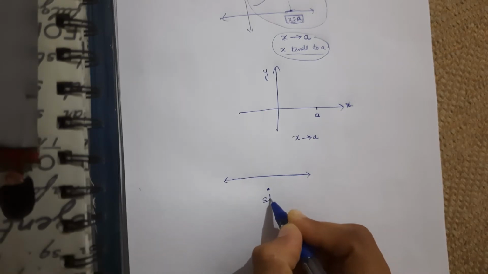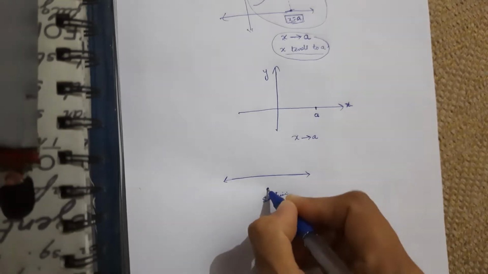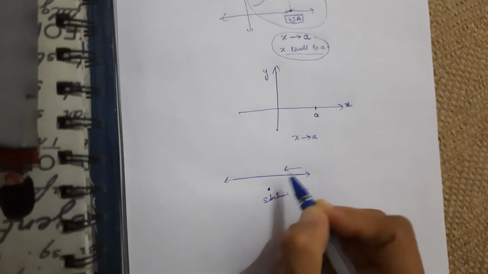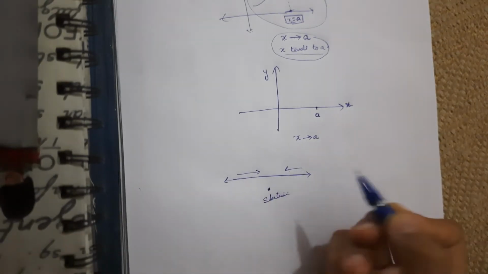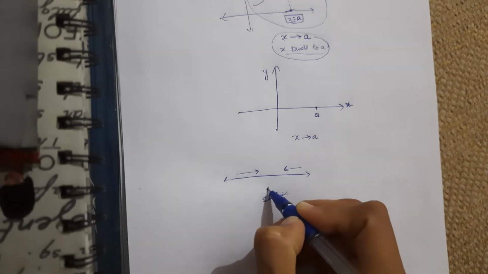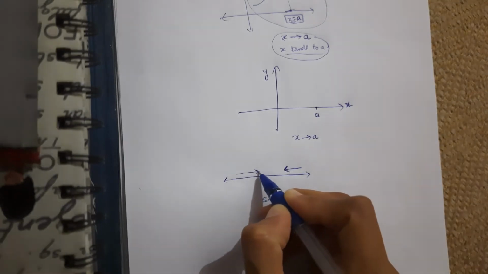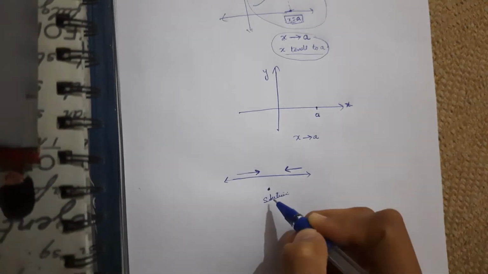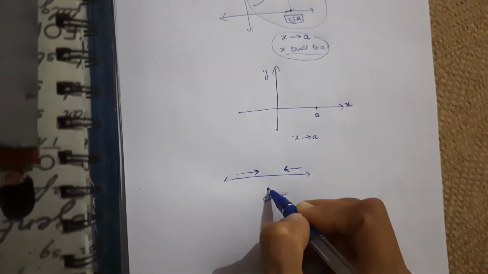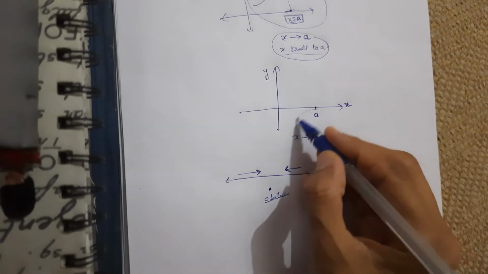This is a station. This point is fixed, and the train can approach from this side as well as this side. If I say that the train is approaching the station, then I am not clear about the direction from which the train is coming. It means from both directions the train can come to the station, from the left side as well as the right side.